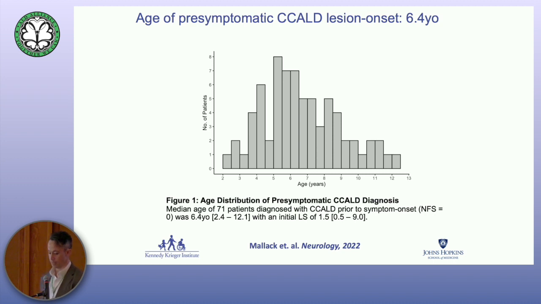The median age of lesion onset in this pre-symptomatic subgroup was 6.4 years old. From the literature, which was mixed symptomatic and asymptomatic, the median age was 7. So we gained half a year of lead time just by looking at the pre-symptomatic cases. And if I limit this data set down to a diagnostic LES score of 0.5 or 1, the earliest of the earliest, the median age is 5.8 years old.